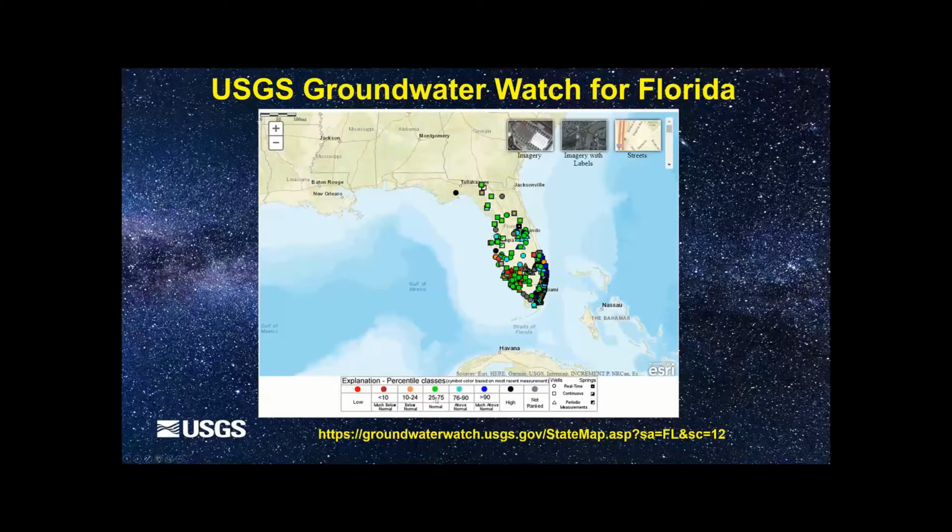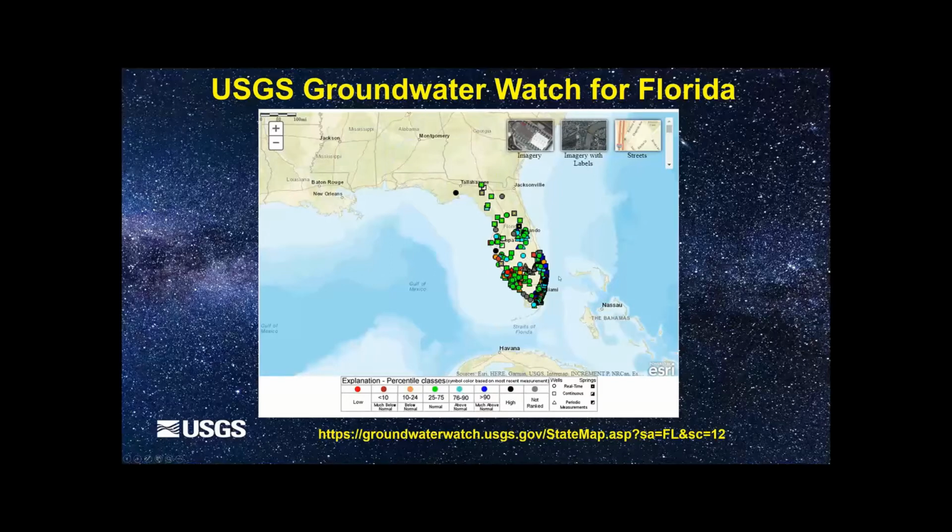Green would be basically normal water levels. So from 25 to 75% of the time, the water levels are found at that level. Lower water levels are in the dark brownish red or red, and higher water levels are found in the light blue or dark blue symbols.